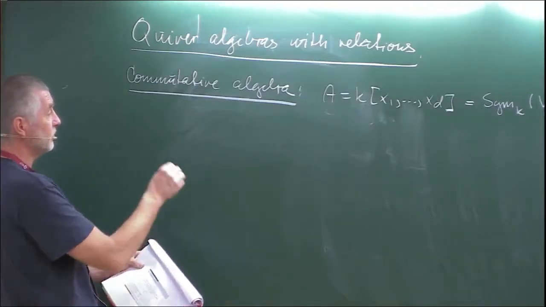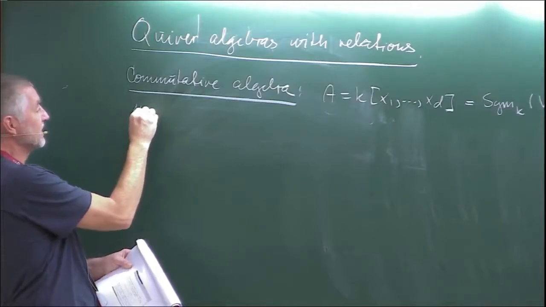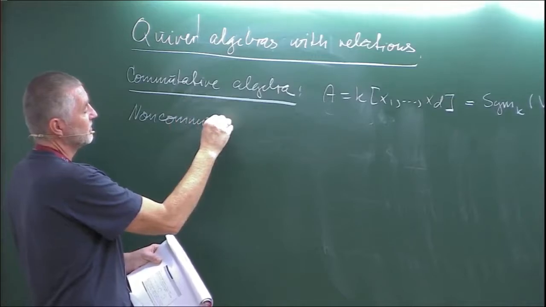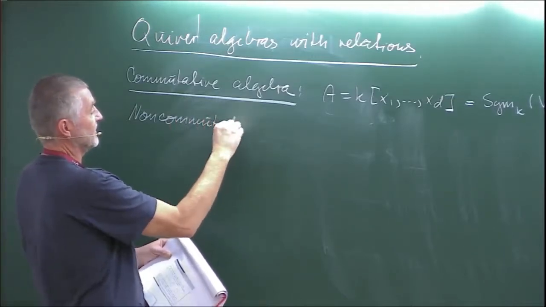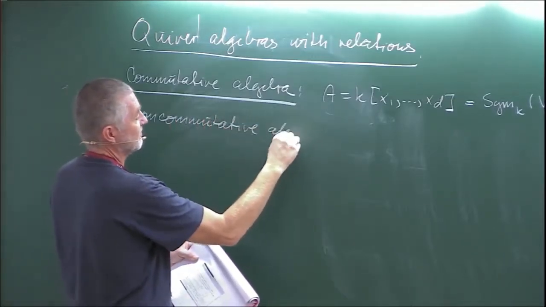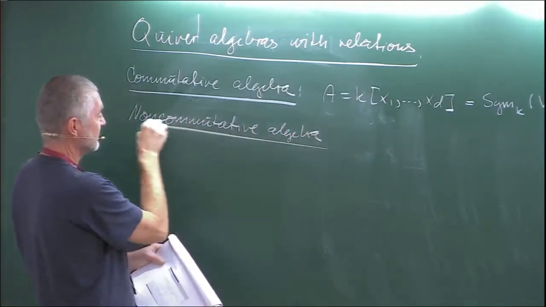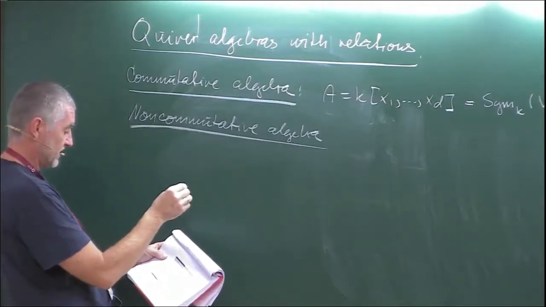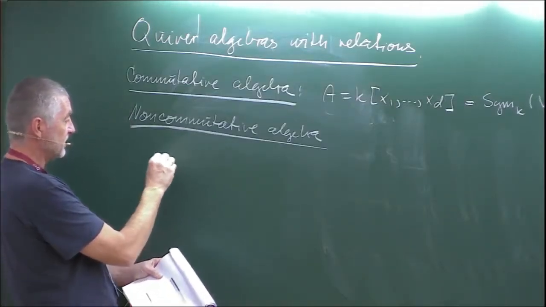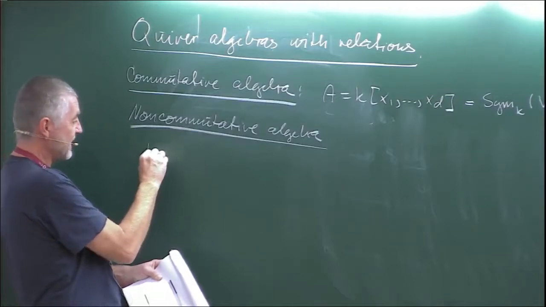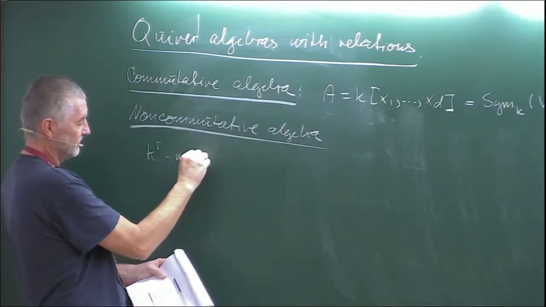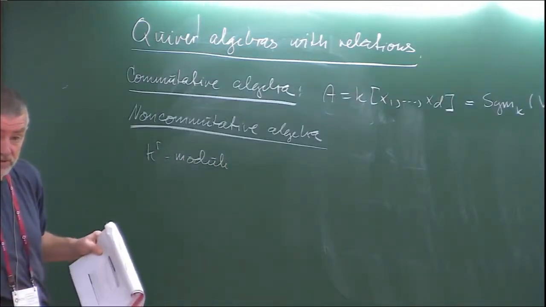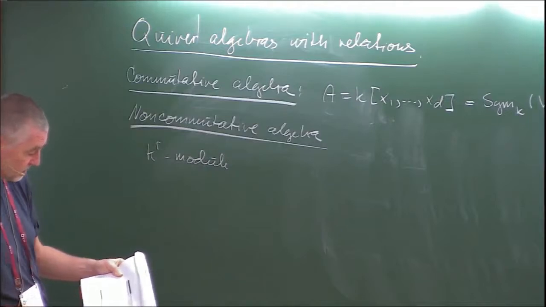So now I do this in the non-commutative case. Non-commutative algebra. I can consider a k^r module, k^r, r copies of k, just the Cartesian product.